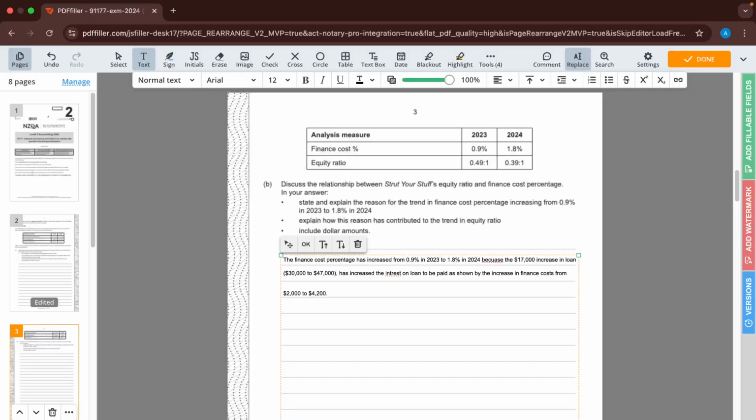So we just say, even with the increase in sales, finance cost percentage increased to 1.8%.